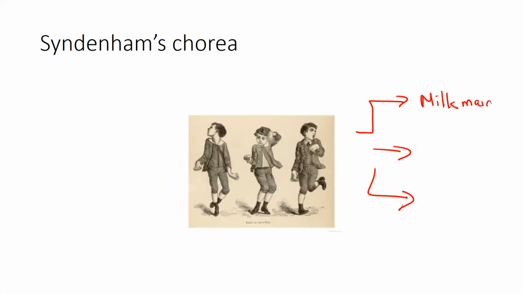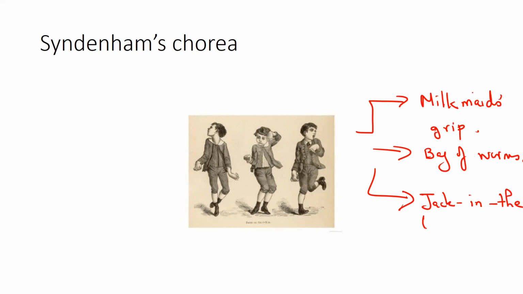One is the milkmaid's grip. Another is the bag of worms appearance. Another is the jack in the box sign. Remember these things. Sometimes it is asked how you will demonstrate chorea in the patient.